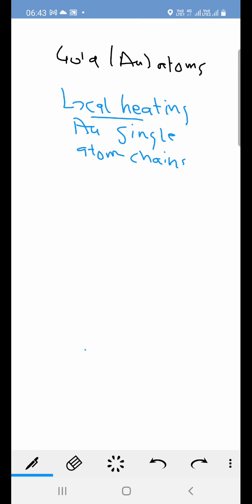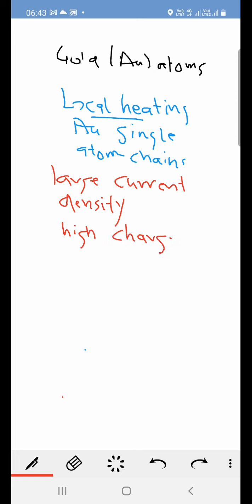There is a large current density in the nanostructure, and there are high charge scattering rates due to this local heating. And this may lead to device failure.